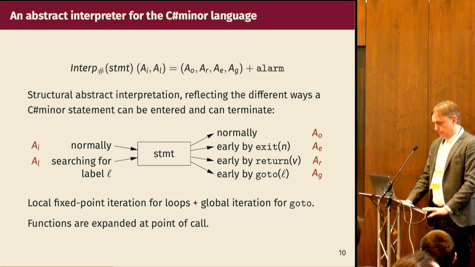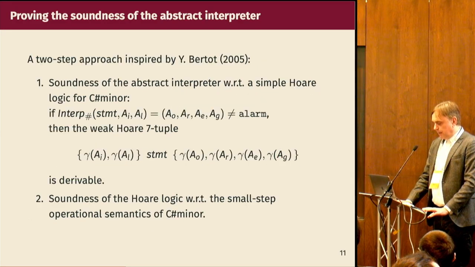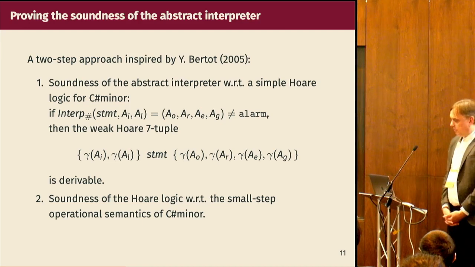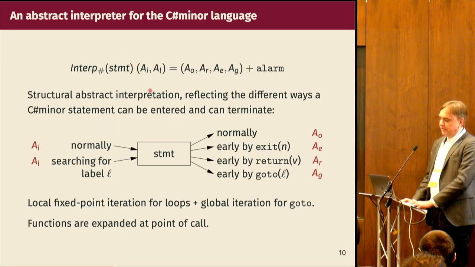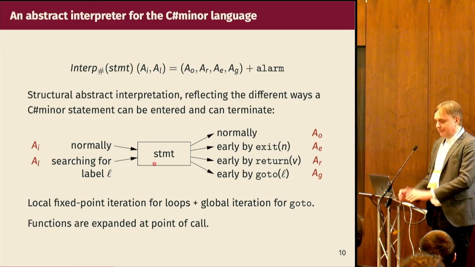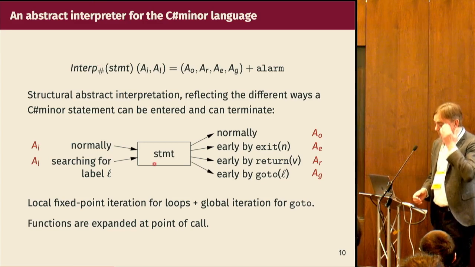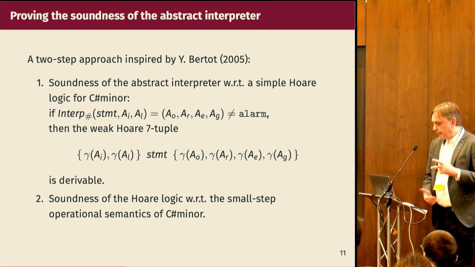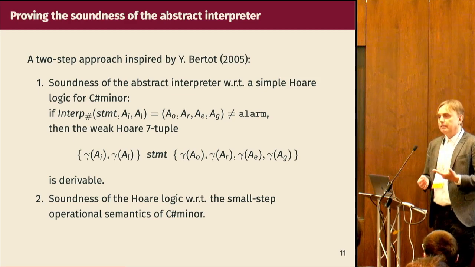And the proof, actually we took inspiration from Yves Berthaud's course notes. So it's possible to prove the soundness of this interpreter straight from the semantics, operational semantics, but it's a bit of a pain to keep track of all those abstract states and control flows. So we did that in 2 steps using a Hoare logic as an intermediary.